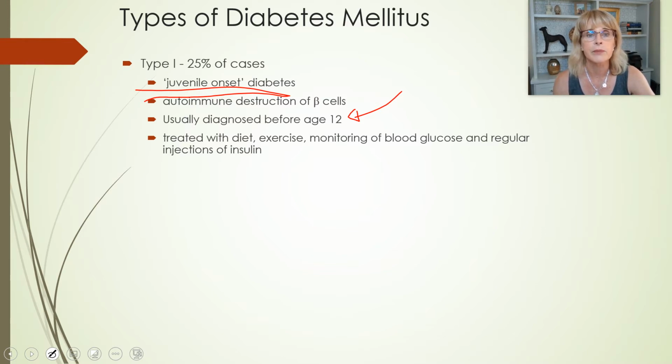Right? Now, we know it's caused by autoimmune destruction of the beta islet cells. Now here it says that it's treated with diet and exercise. Oh, kind of, okay?